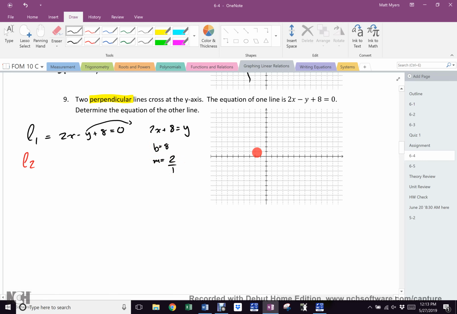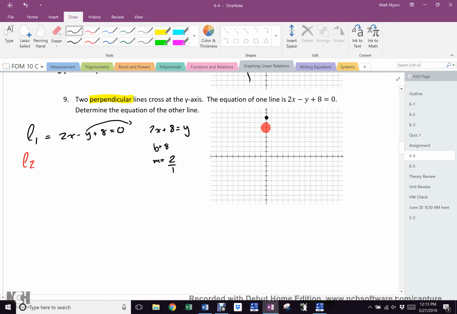Could I graph it now? Okay, let's do it. Where's the y-intercept? Up 8 on the y-axis. 1, 2, 3, 4, 5, 6, 7, 8. Everyone agree? Then I could graph it, right? Slope of +2, yeah? So up 2 and over 1 is going to take me off the graph. Should I do that?